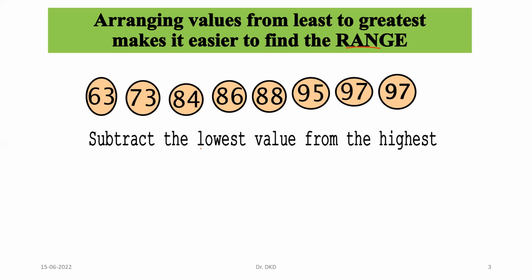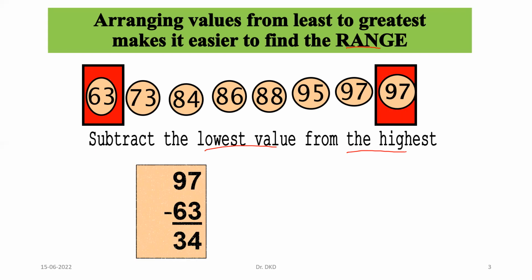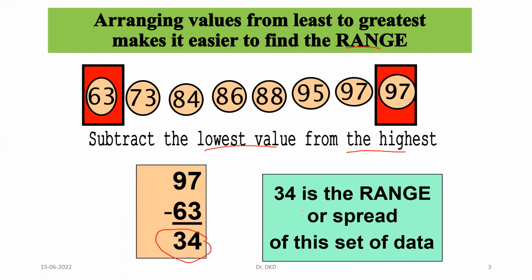And then we have to subtract the lowest value from the highest value. Here the lowest value is 63 and the highest value is 97. So we subtract 97 minus 63, which is 34. We can interpret that 34 is the range, the spread of this set of data.